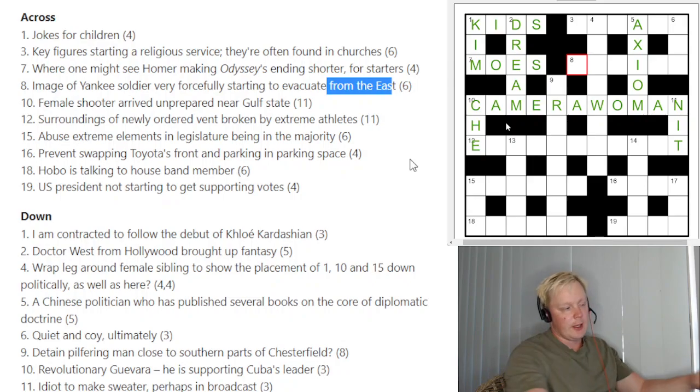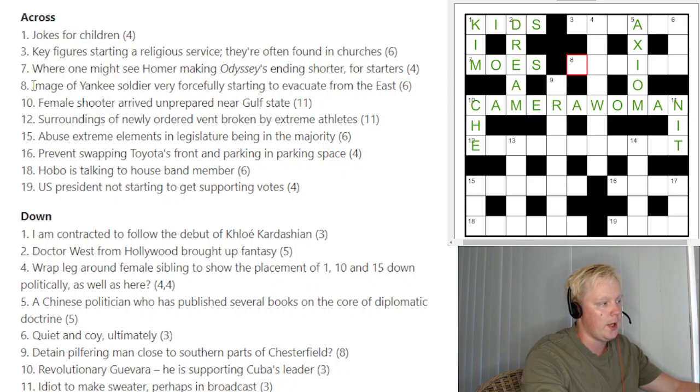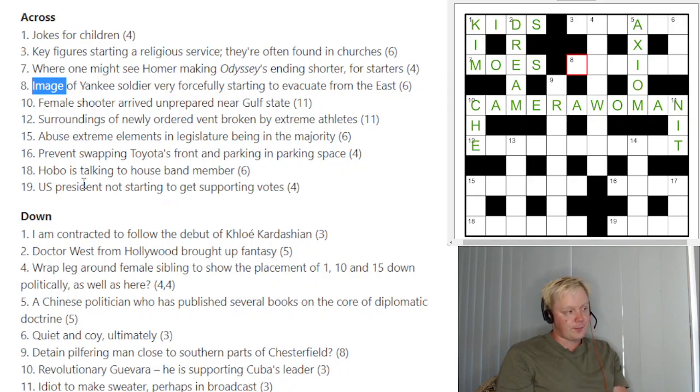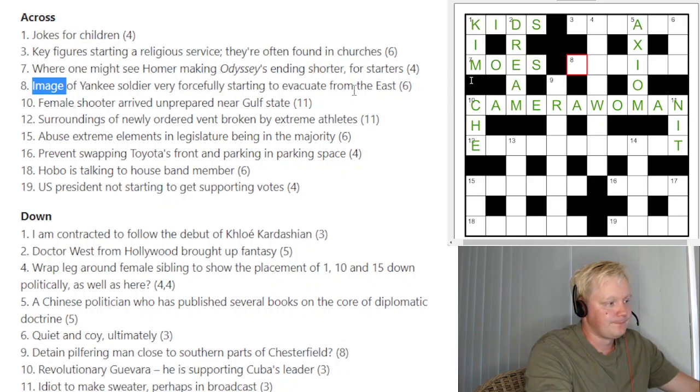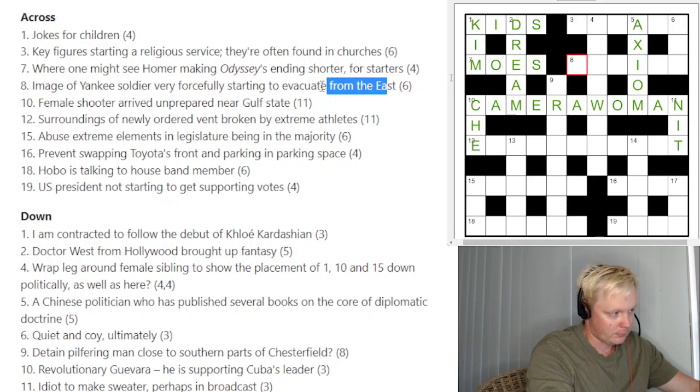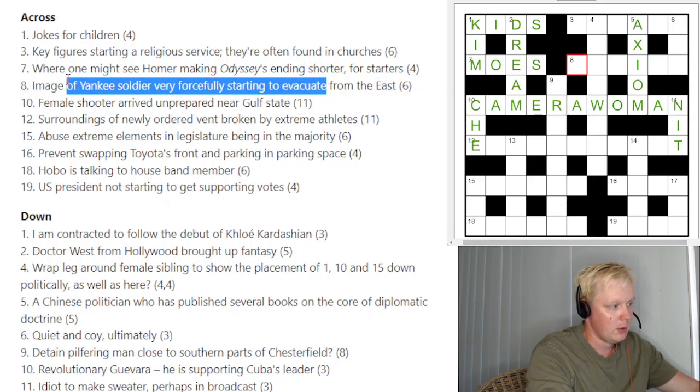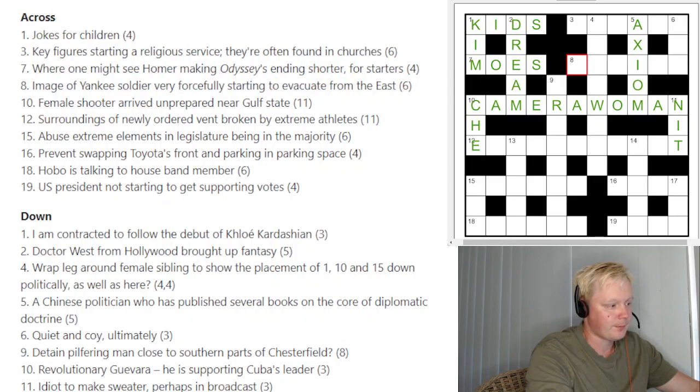Now if we have a reversal indicator at the end, that would mean that we need this image being part of the definition. Now we don't know whether this reversal reverses the whole thing or just one part of it. Actually, let's do these first, and then we can justify why it has to be parsed in a certain way. So let's do 4 across first.